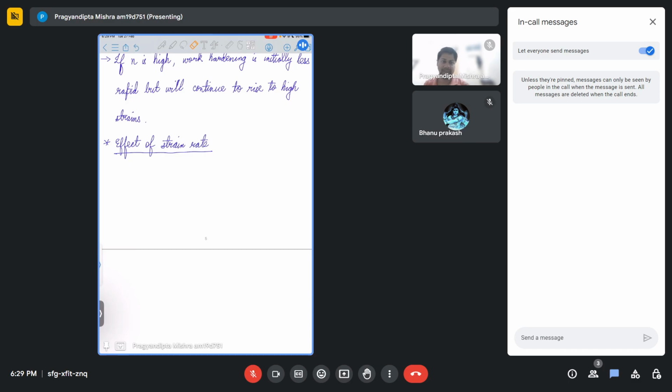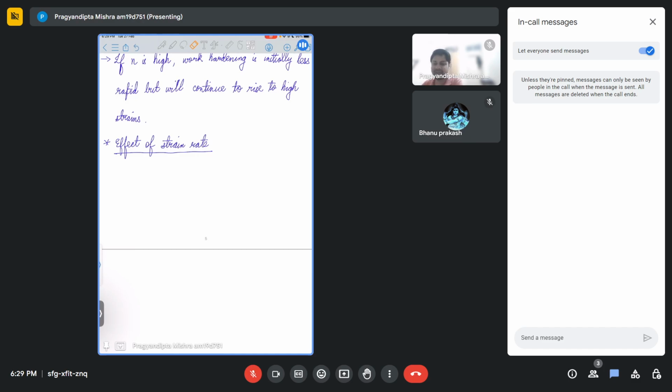So when applying the same concept here, what would you expect? If the strain rate is higher, which means you are applying strain at a very fast rate, then you would need to expend a little bit higher amount of stress to ensure that happens, right? So there is a relationship between strain rate and flow stress.